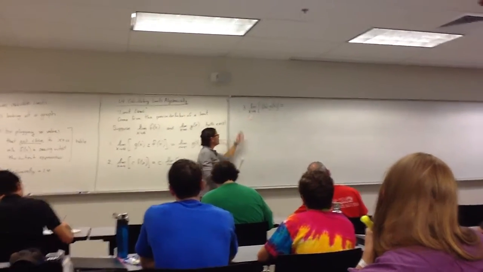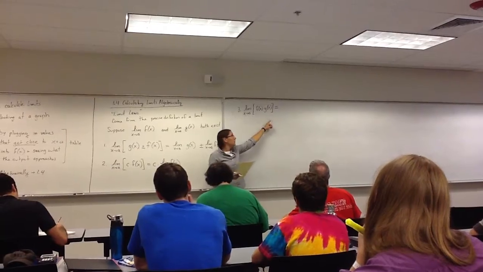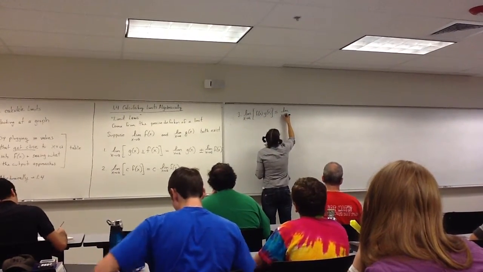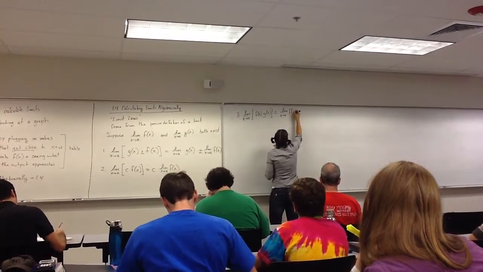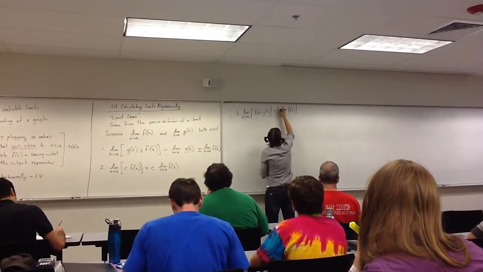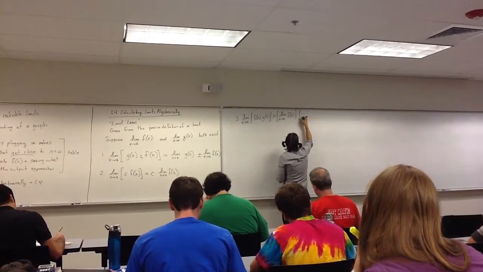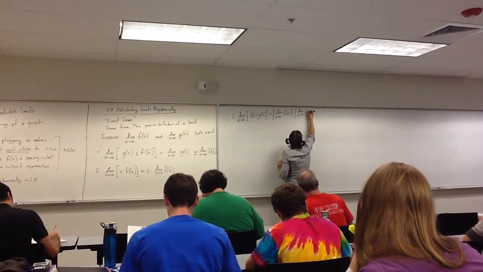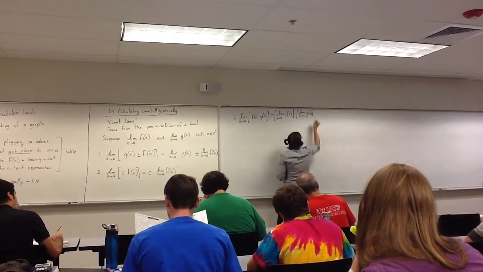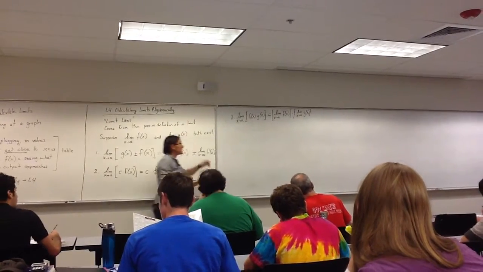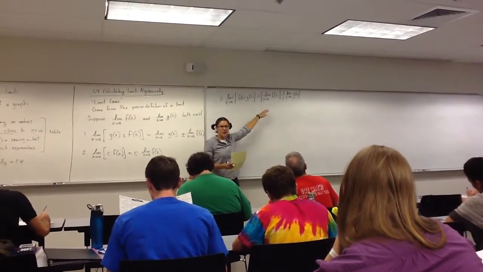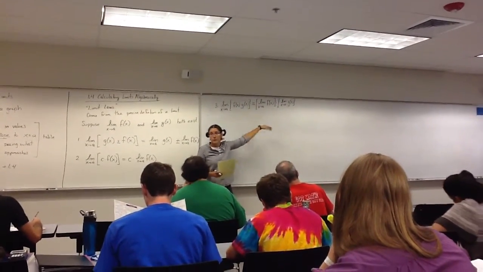With multiplication, we're going to do the same thing. We're going to put the limit symbol: the limit as x approaches a of f of x, times the limit as x approaches a of g of x. So this is the first sign that the limit symbol is different from just an ordinary variable or letter.